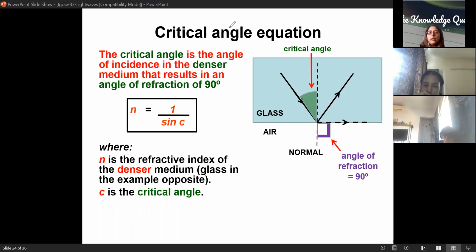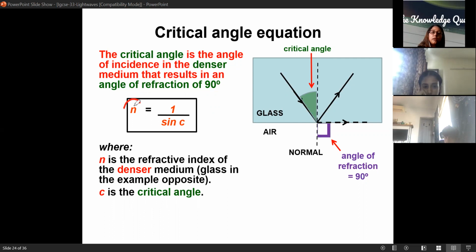Now, the critical angle is the angle of incidence in the denser medium that results in an angle of refraction of 90 degrees. So at critical angle, angle of refraction कितना होता है, 90 degree होता है, right? लेकिन अगर हमने critical angle से बड़ा किया अपना angle तो क्या होगा? The total internal reflection will start taking place.